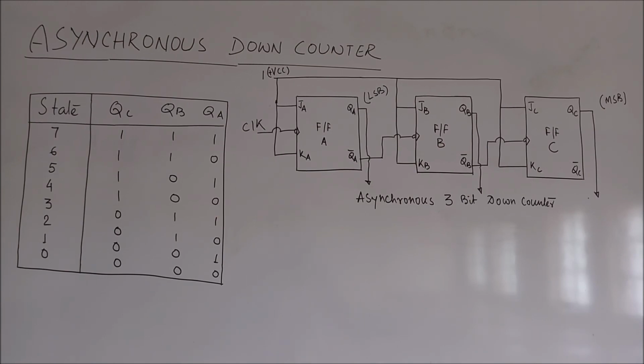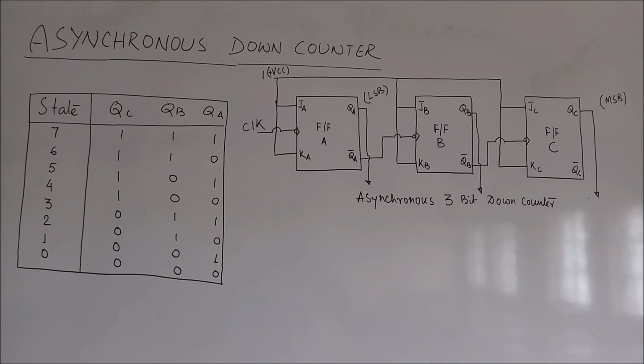Now this is the logic diagram of the asynchronous 3-bit down counter, or mod 8 down counter. Here 3 flip-flops are used: flip-flop A, flip-flop B and flip-flop C. All are JK flip-flops. We have applied input J and K, both 1, in all flip-flops.